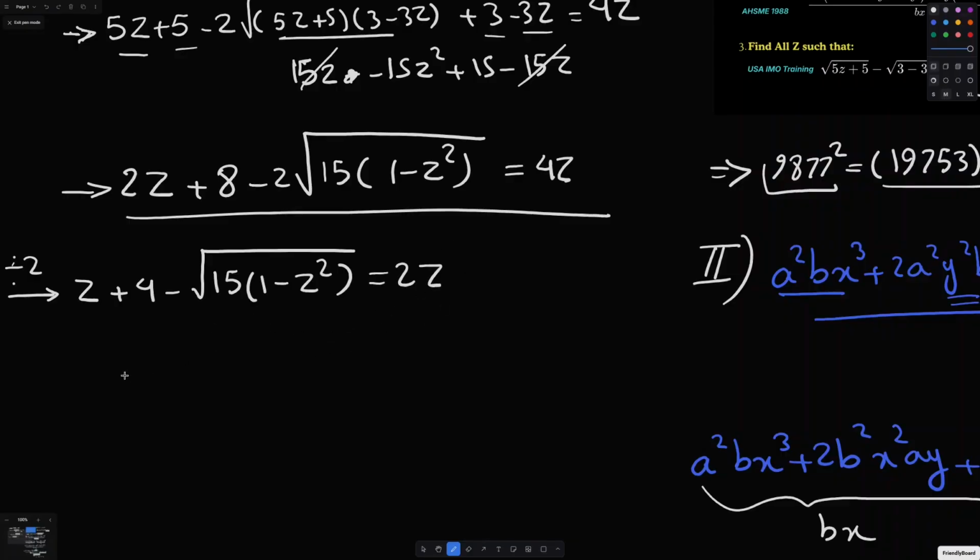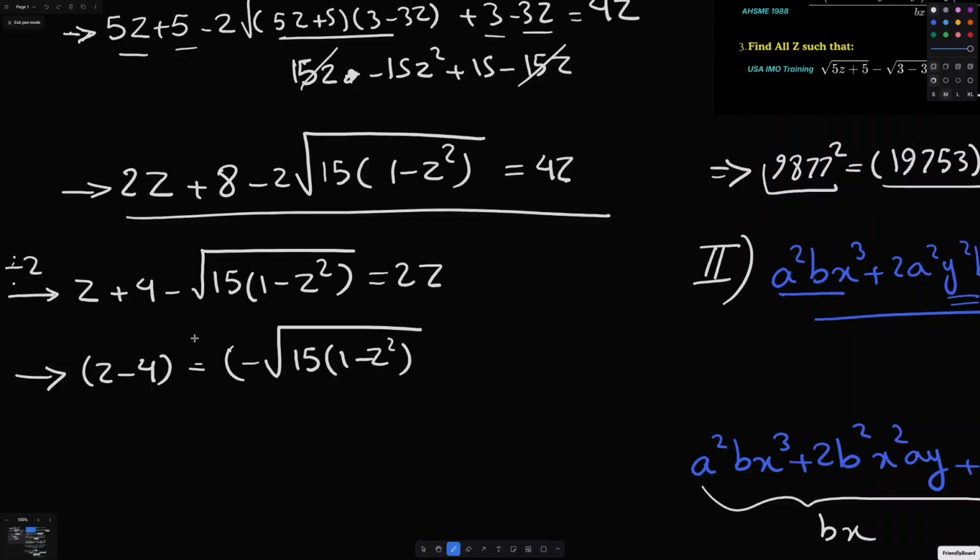Then I'm going to bring the z to the other side as well, so I get a minus z. So I'm going to get z minus 4 equals 15 minus 1 minus z2. So this is what I have.